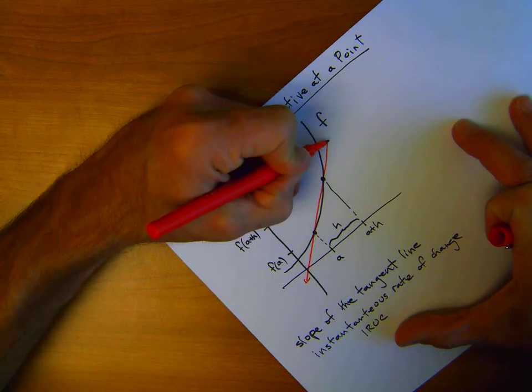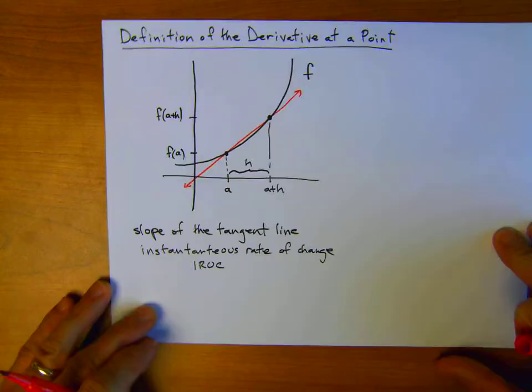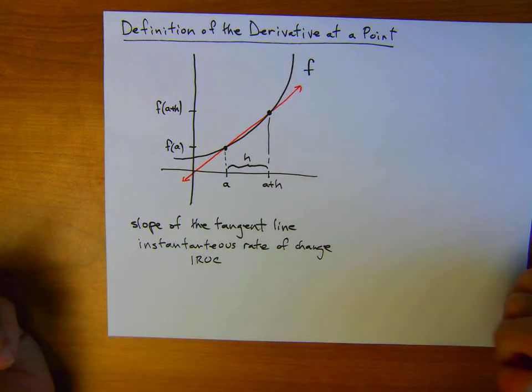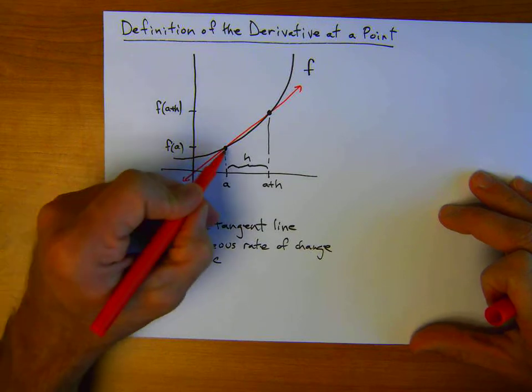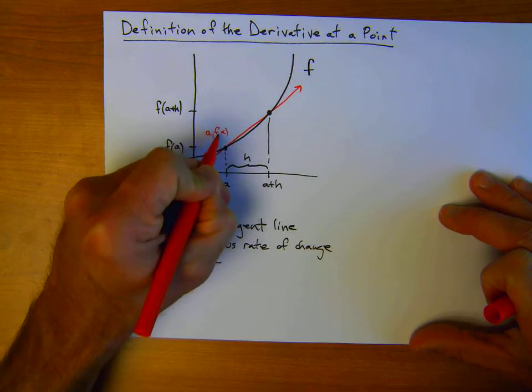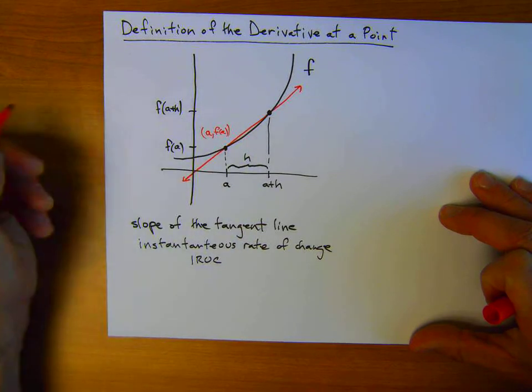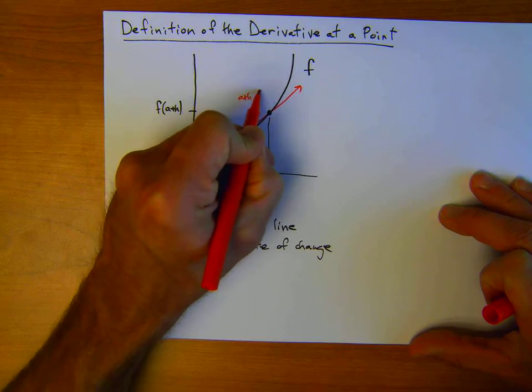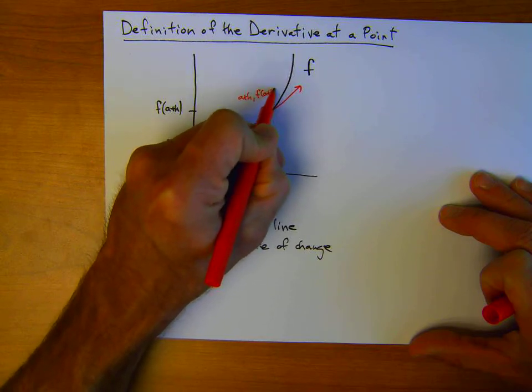Of course, this is the secant line going through the points. What points does it go through? Well, this point right here is a, f of a, the ordered pair, and this point right here is a plus h, f of a plus h.